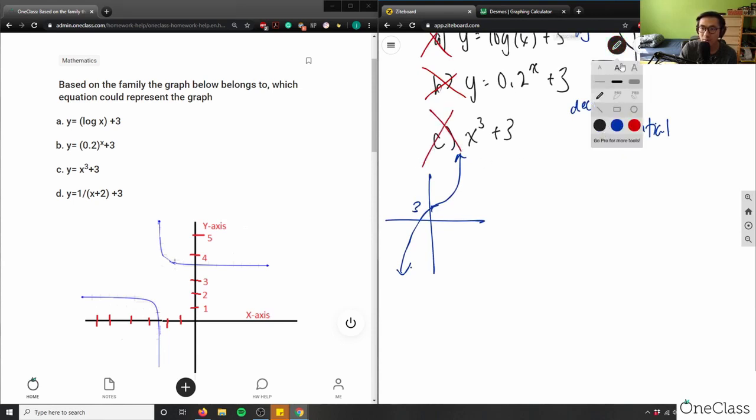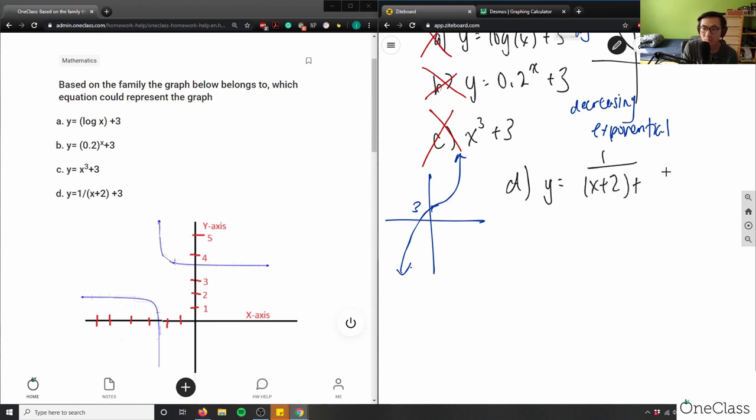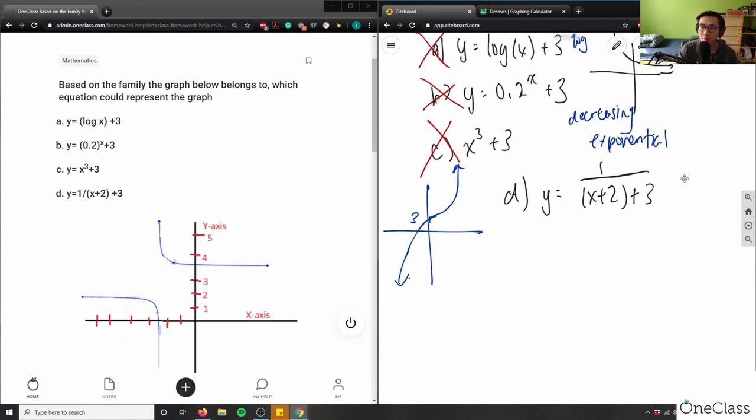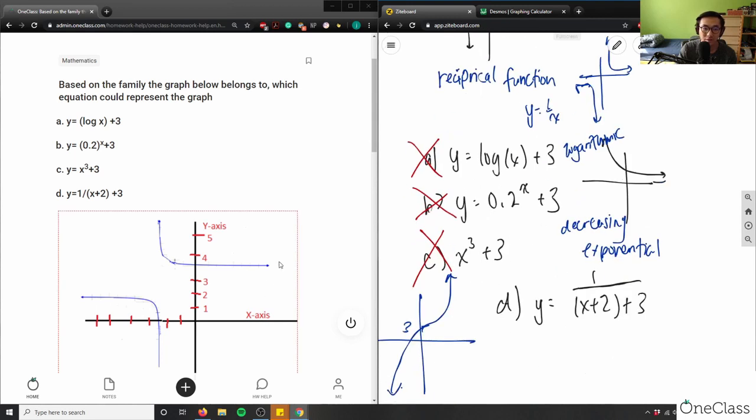And finally, I have D. D here is y equals 1 over x plus 2, plus 3. And this looks like my reciprocal function, right? If I were to graph this function, it would look very much like this.